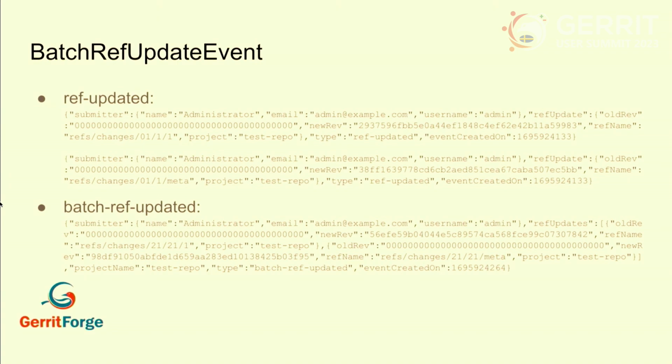So you have a logical unit which contains two refs, and you can react to those in a smarter way. For example, if processing one of the refs fails, you can roll back the whole batch ref update, so we roll back the full logical unit.